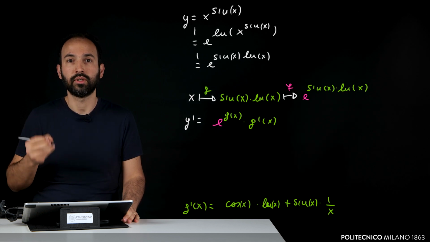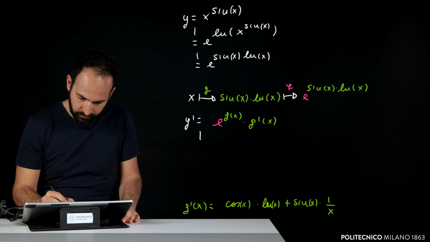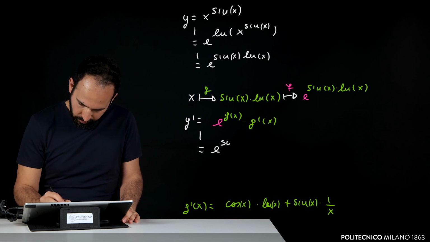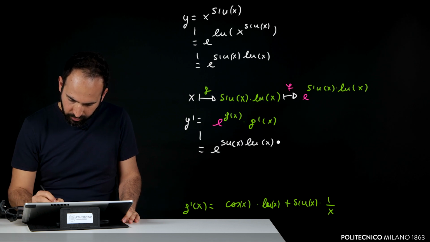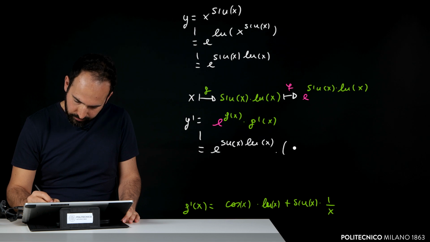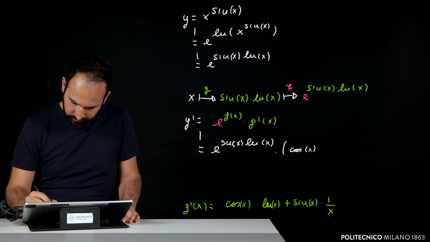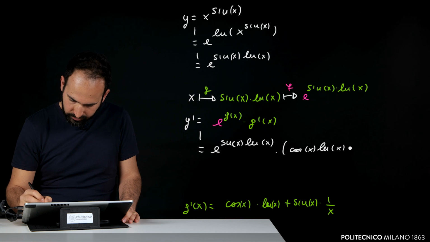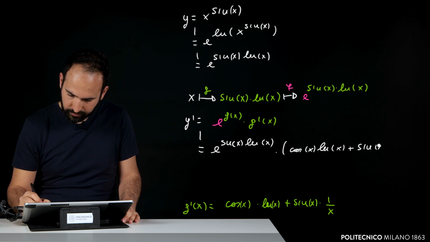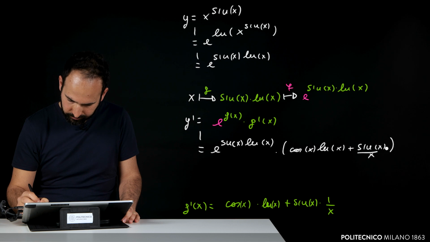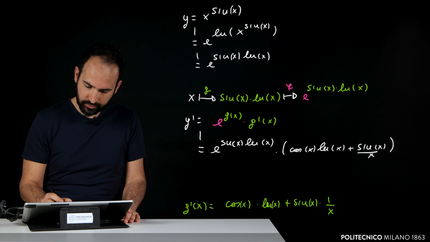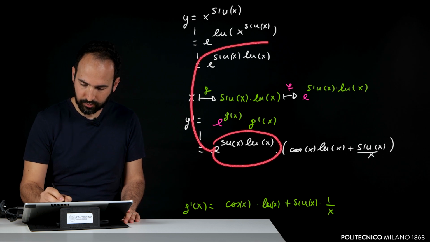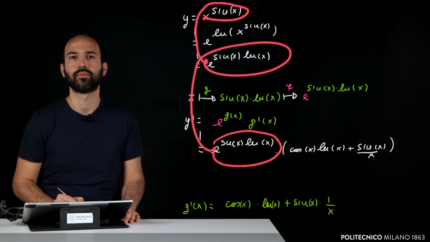Now we can substitute in the formula for y prime. And we obtain exponential of sine of x times natural logarithm of x, times cosine of x logarithm of x plus sine of x divided by x. We can also recognize the starting function in this term, which is equal to this, and so this.